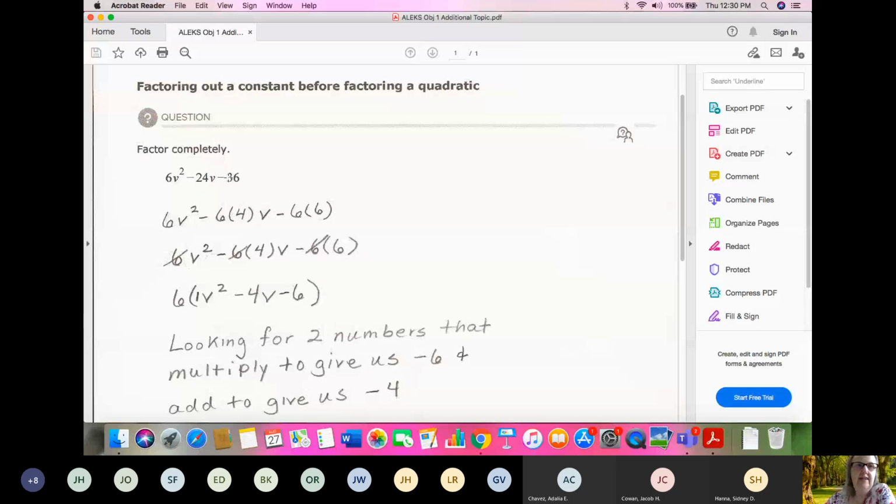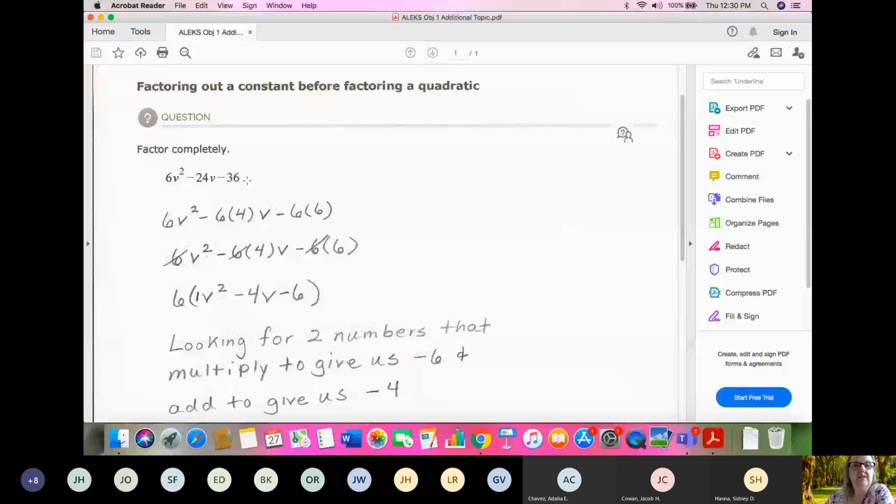In the last problem, we had an understood coefficient of 1. You'll notice here we have a coefficient of 6. It's more difficult in general to factor when your leading coefficient is something other than 1. Here we have 6v squared minus 24v minus 36.